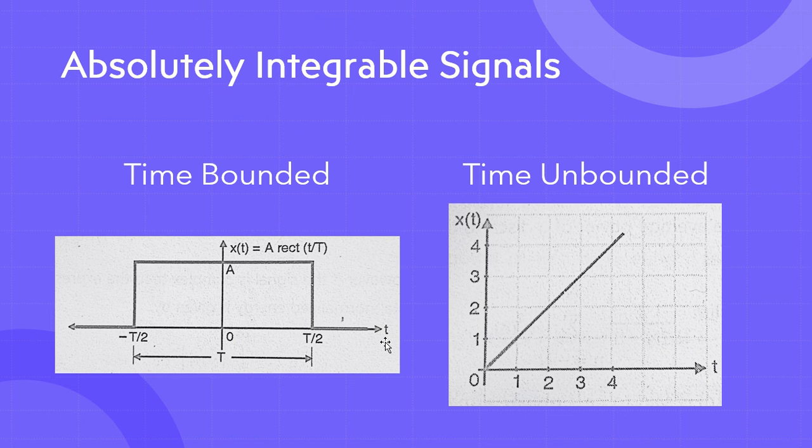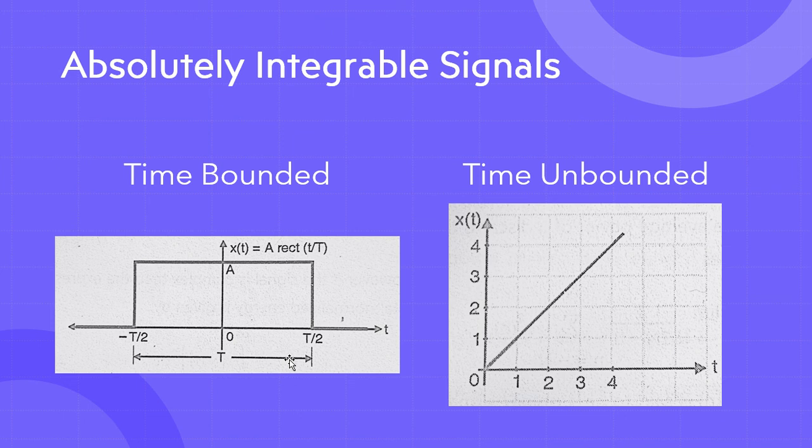But as my rectangular pulse signal only has real values between minus T by 2 and plus T by 2, we can take only that part into consideration for integration, right?